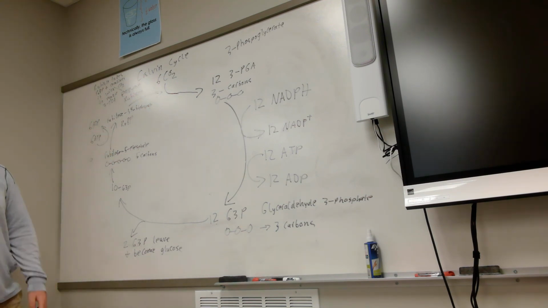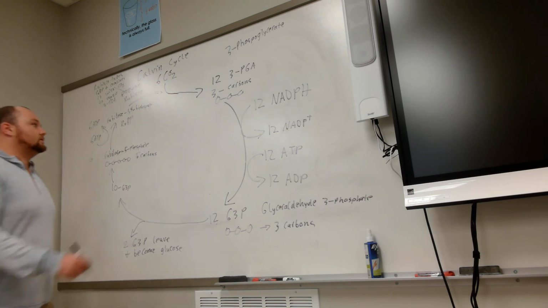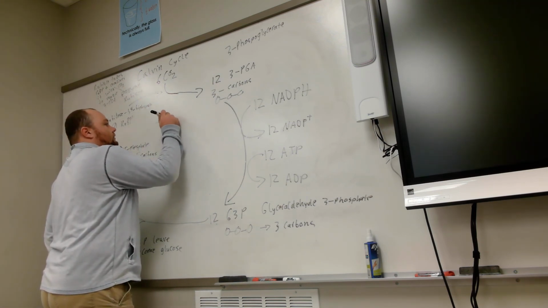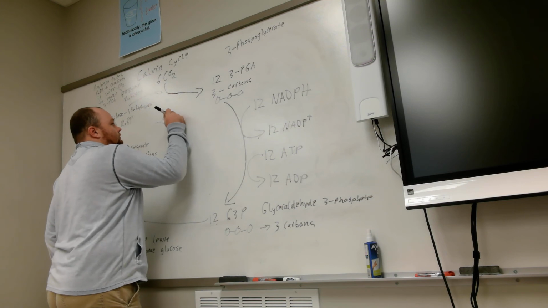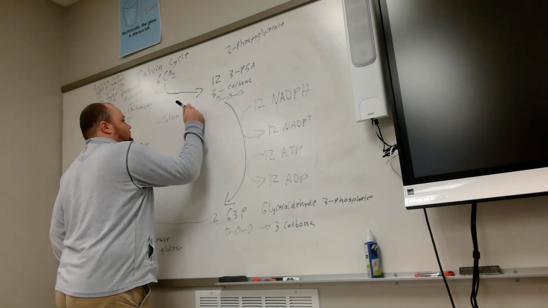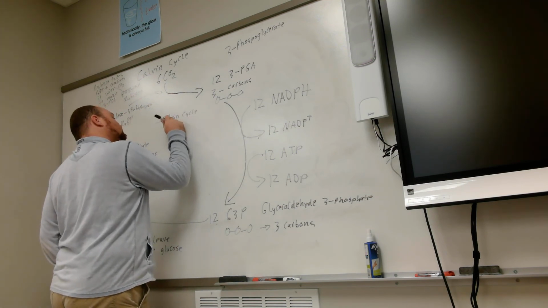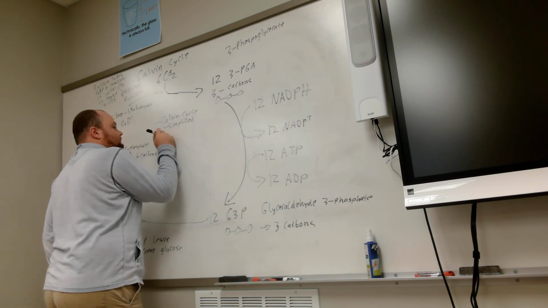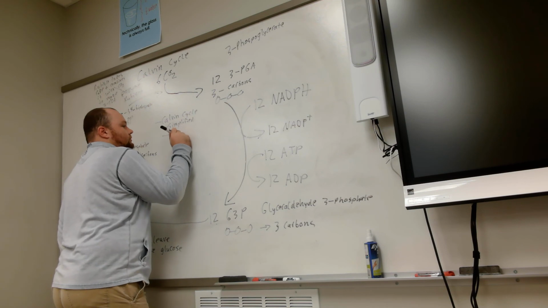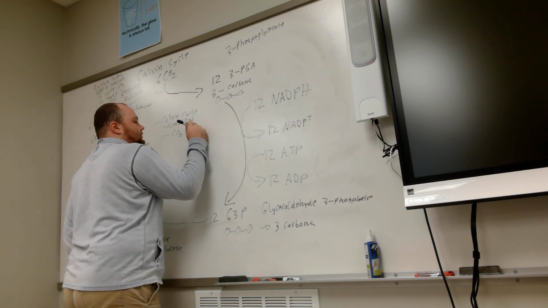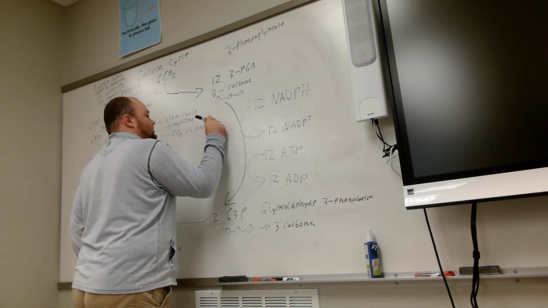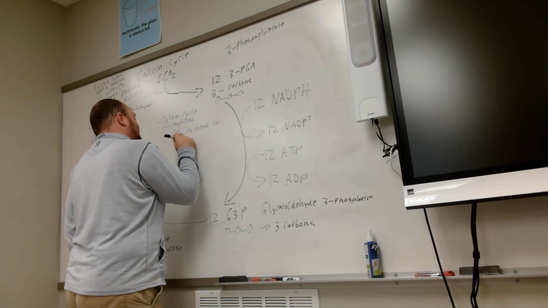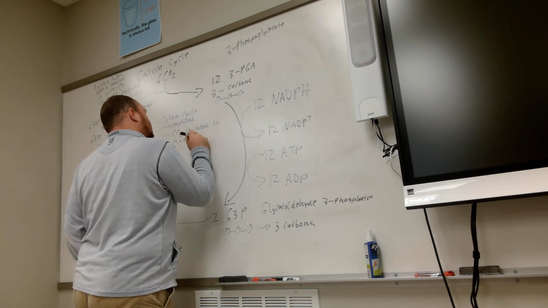Okay? Let me write that in here. So, Calvin cycle, simple explanation. CO2 is used to make glucose.